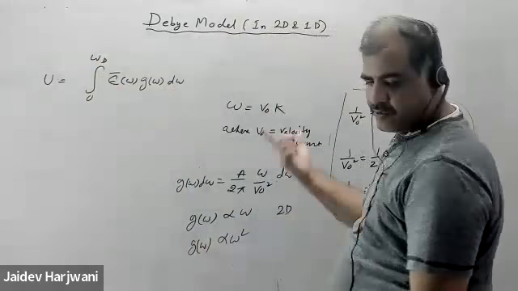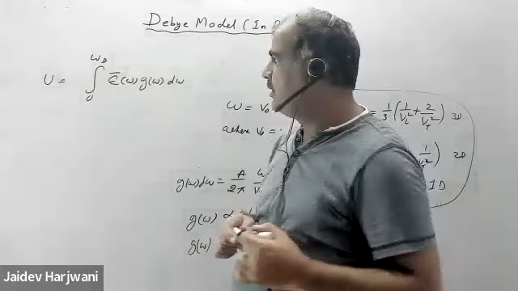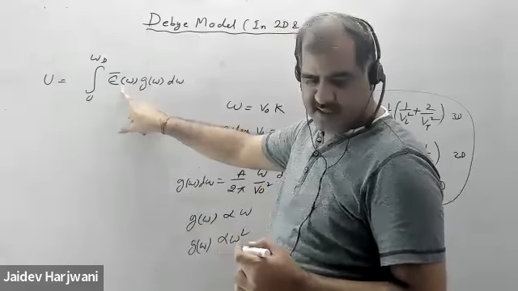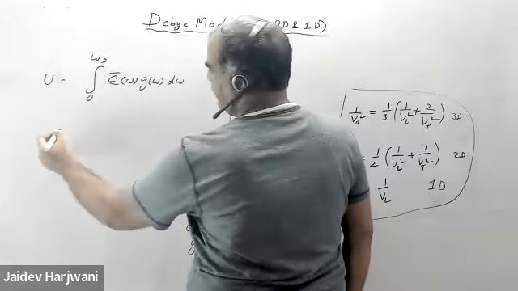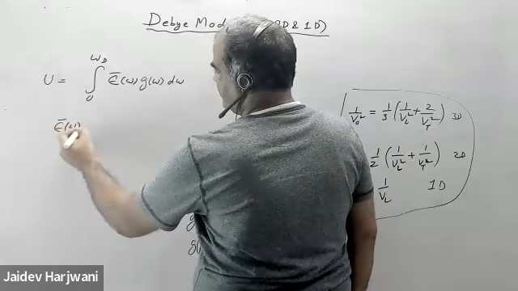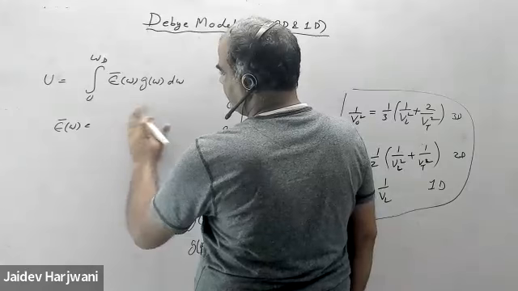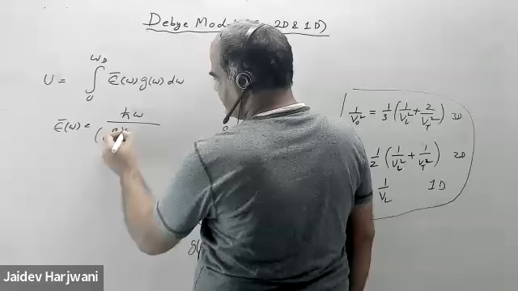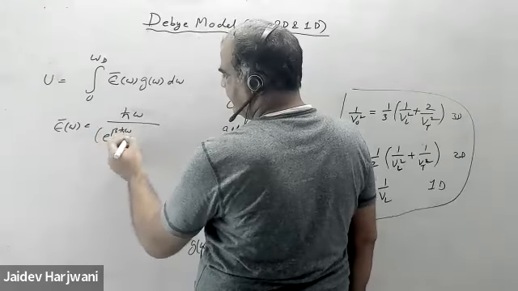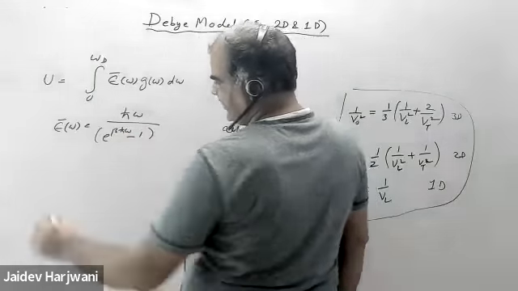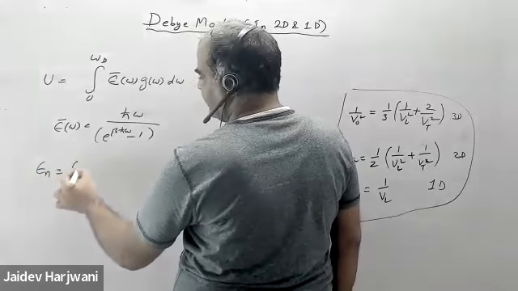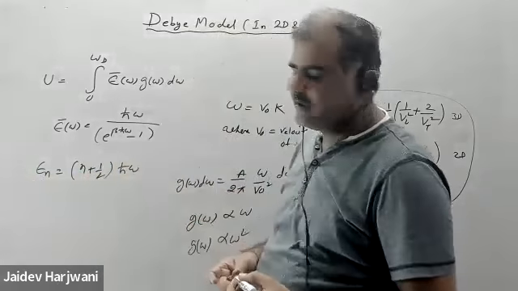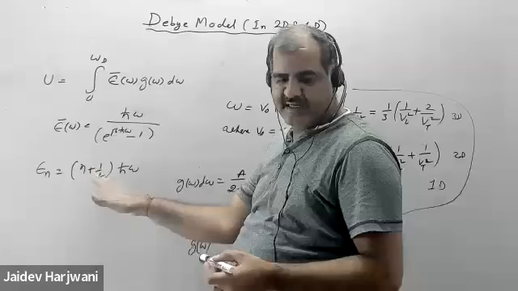You know how to calculate the Debye frequency, you know the total number of modes, so you can calculate this limit. And what is E? It is the expectation value, the average energy of the oscillator, equal to ħω/(e^(βħω) − 1). And you already know the energy is (n + ½)ħω. I dropped the half because it does not make much difference to our specific heat; it is the zero point energy.